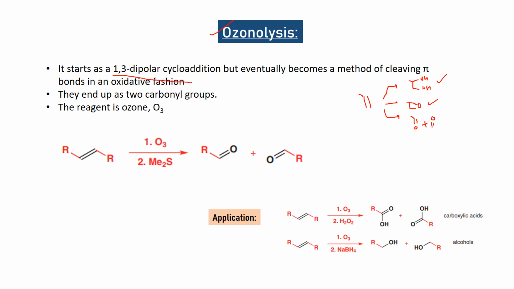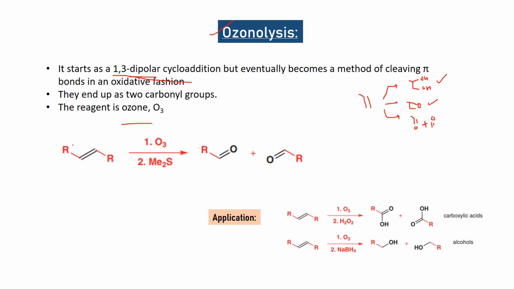We will discuss what 1,3-dipolar cycloaddition is in the upcoming classes when we discuss pericyclic reactions. For now just get an idea, but eventually it becomes a method for cleaving pi bonds. They end up giving 2 carbonyl groups, and the reagent is ozone.